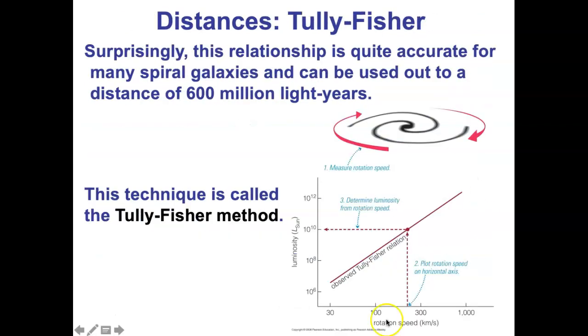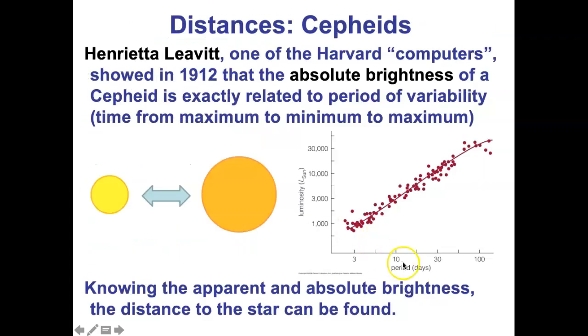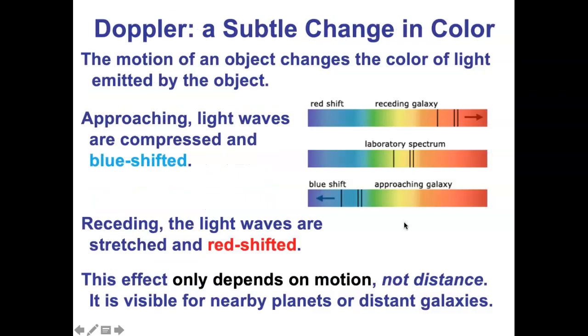You could say every spiral galaxy that has the same rotational speed has the same luminosity. So that's a standard candle. Every Cepheid that has the same pulsational period has the same luminosity. So those are a standard candle. Although different Cepheids have different luminosities if they have different periods. But they are standardizable, right?